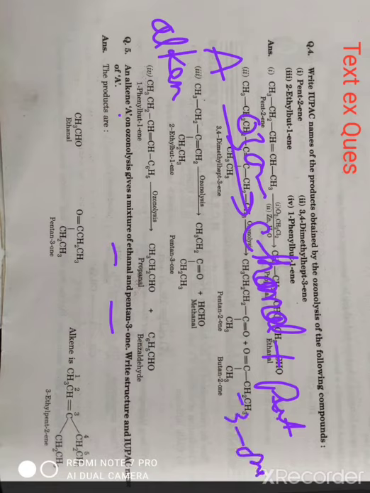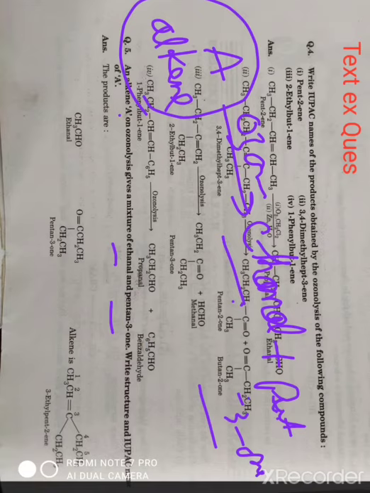That is what is given in the question. So the products are known to us, but we do not know the alkene A. So we have to find out the alkene A that undergoes ozonolysis to give ethanal and pentan-3-one. Here the products are known, but we don't know the reactant, so we have to find it out.